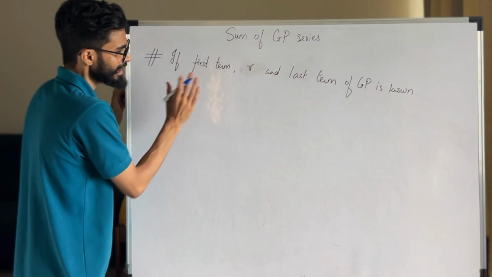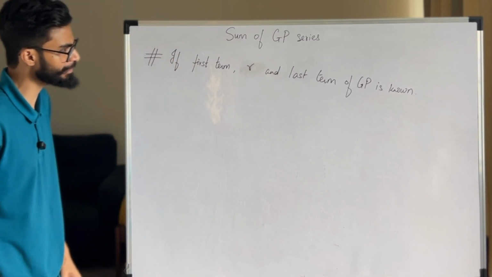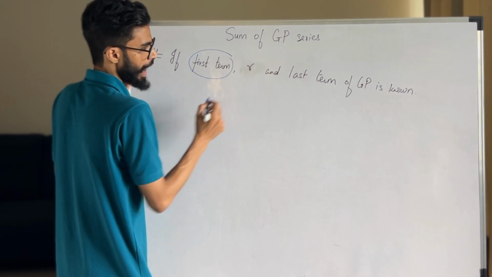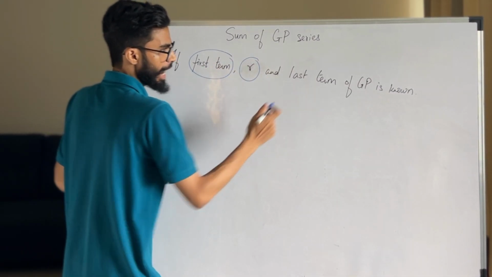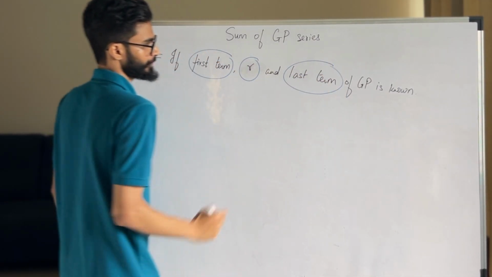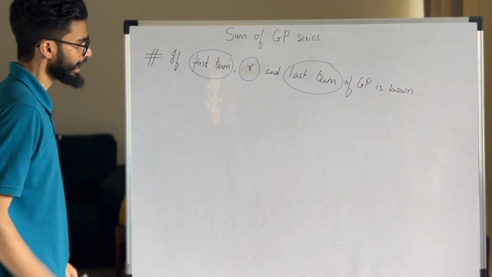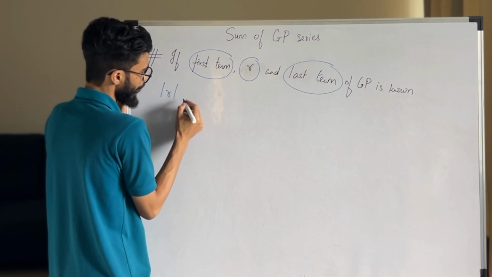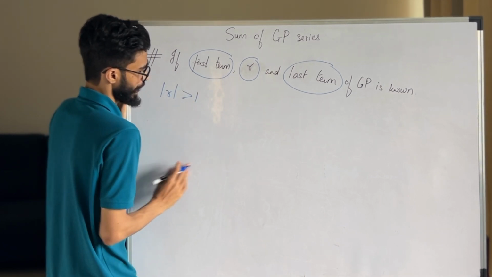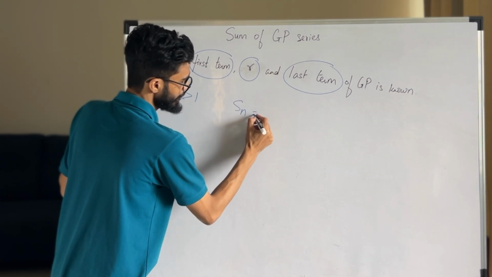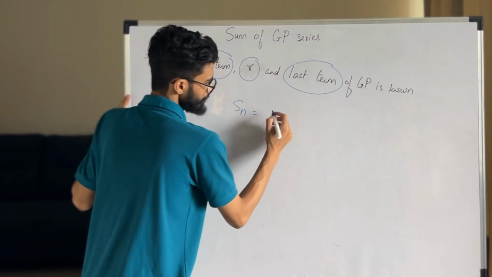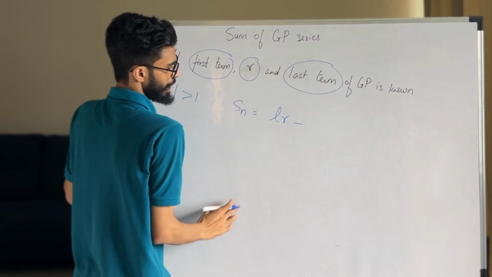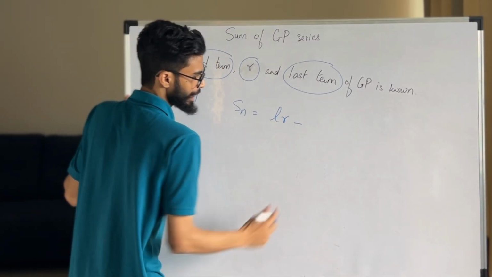Now this is a variation in sum of GP series formula. Suppose I know my first term, I know my common ratio, and I know my last term. Then I can directly use this formula. If absolute value of R is greater than 1, I can say Sn will be L times R minus A upon R minus 1, where L is my last term, R is my common ratio.